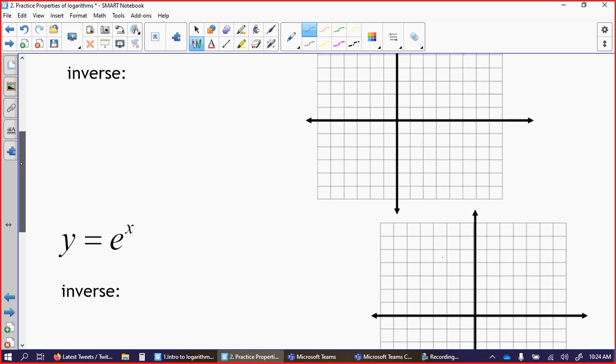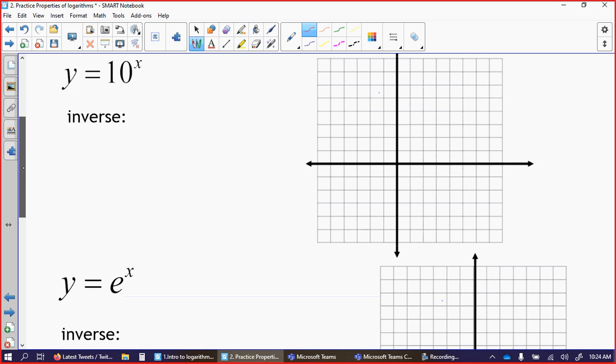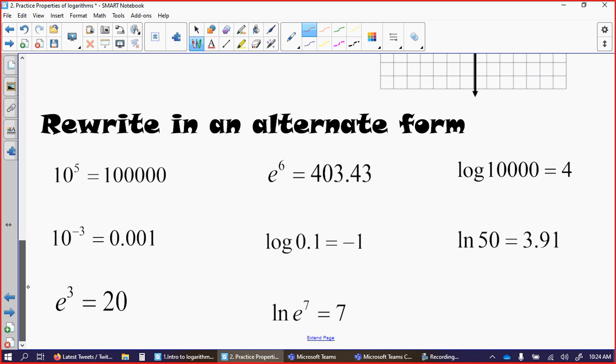This is doing the graph of 10 to the x, even though 1, 2, 3, 4, 5, 6, 7, 8, I guess you may have to move that down a touch. E, rewrite in the alternate form. Well, this is an exponential.